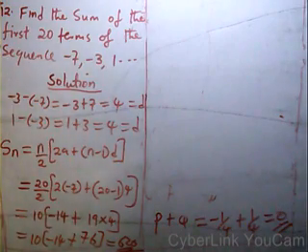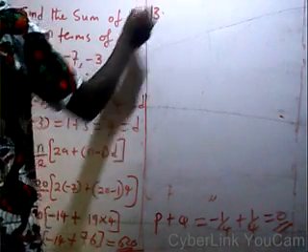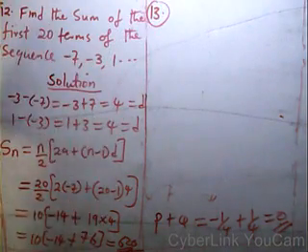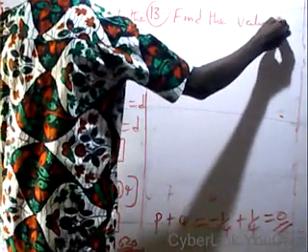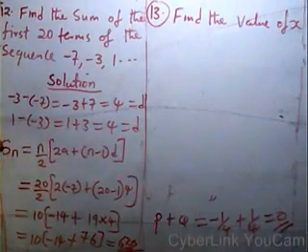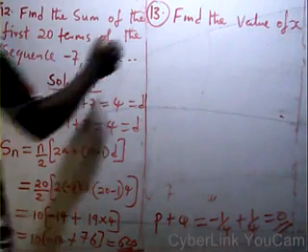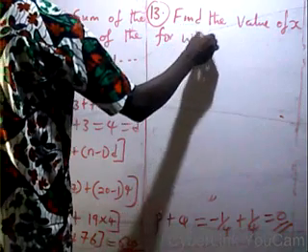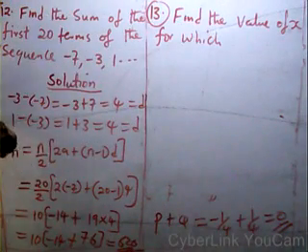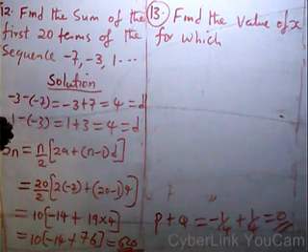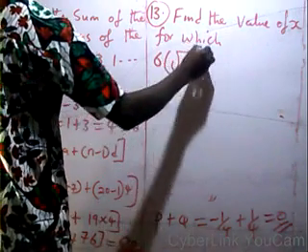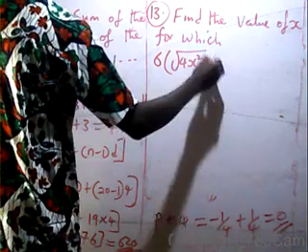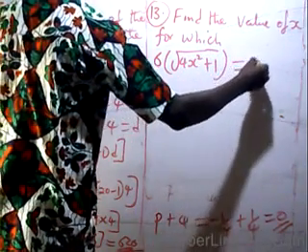Now let's look at question 13. We have to find the value of x for which 6, open the bracket, square root of 4x squared plus 1, close the bracket, is equal to 13x.